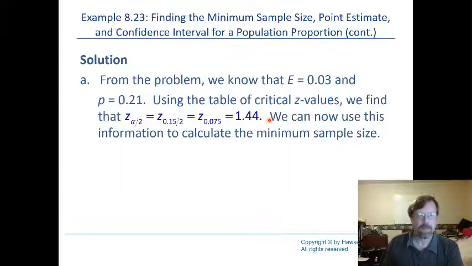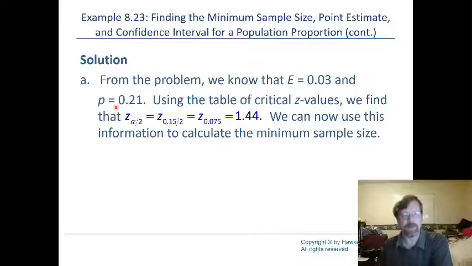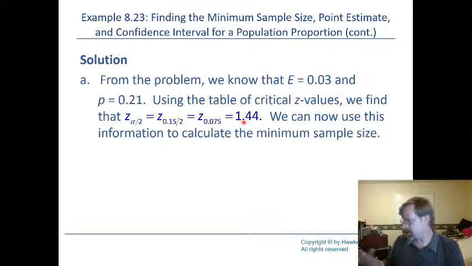Okay, we know that we've got a 3% margin of error and a 21% estimated population proportion. We can use the table of critical z-values, which was earlier in the presentation, or table 8.2. It's actually given in a few places in chapter 8. Come up with 1.44.